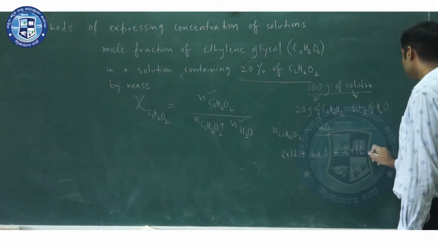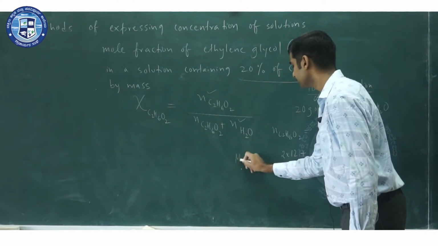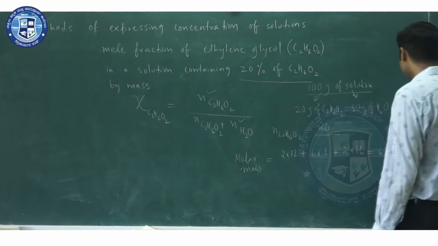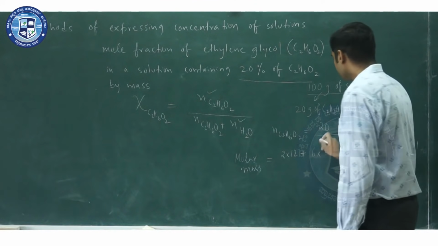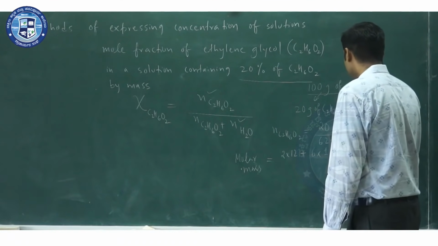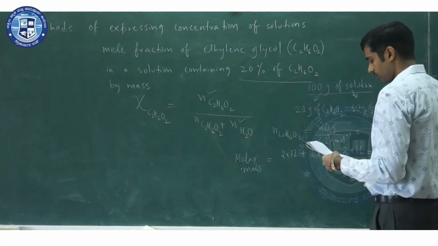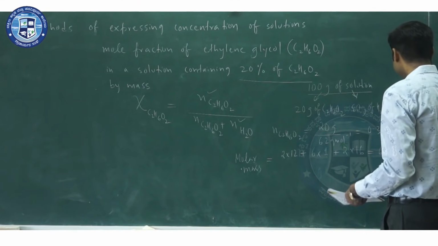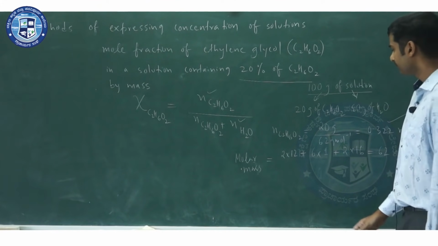Hence I will get 62 gram per mole as the molar mass of ethylene glycol. So this is 20 grams, 62 gram per mole. This will therefore be a value approximately equal to 0.322 mole.